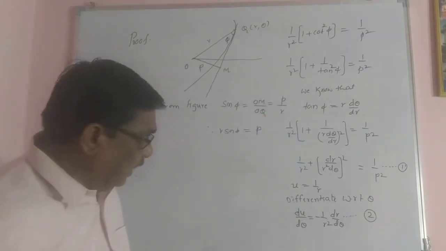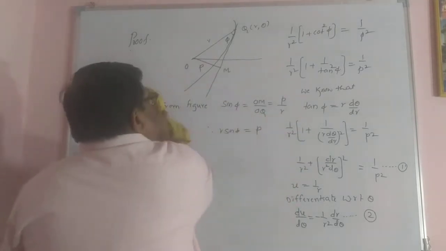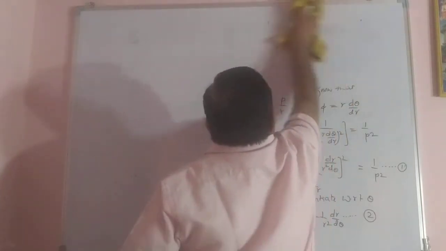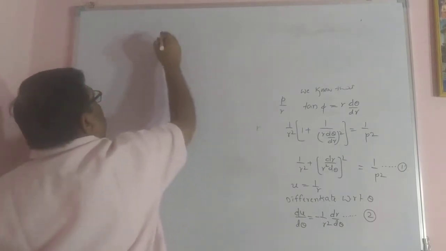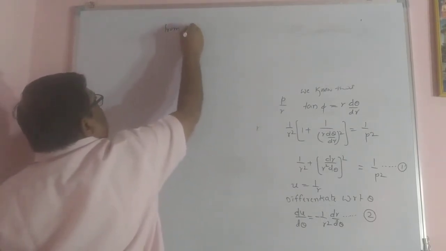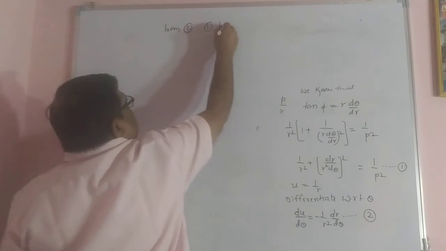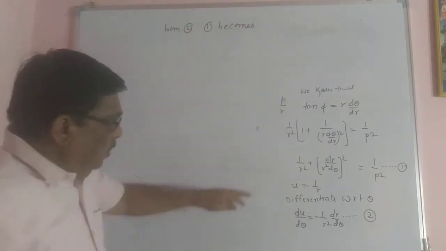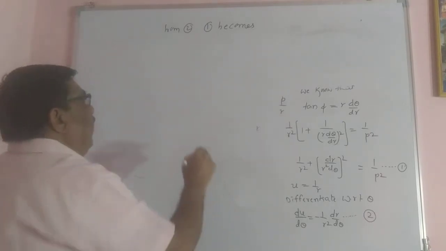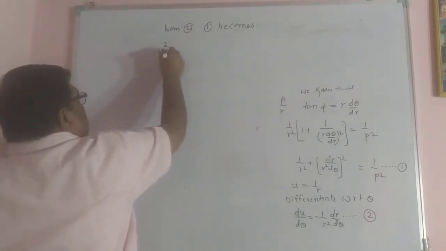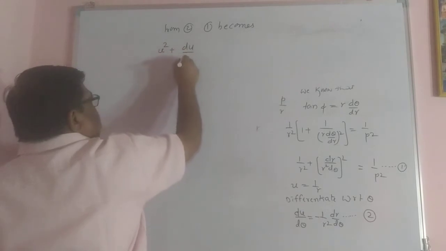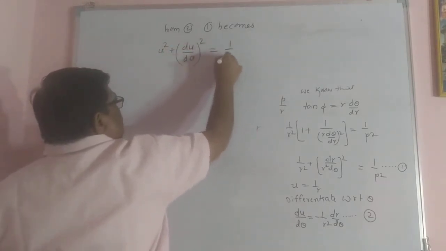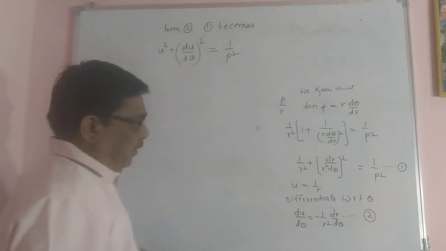So I can substitute from 2; 1 becomes 1 by r square, which is u square, plus du by d theta whole square equal to 1 upon p square. I hope you can understand.